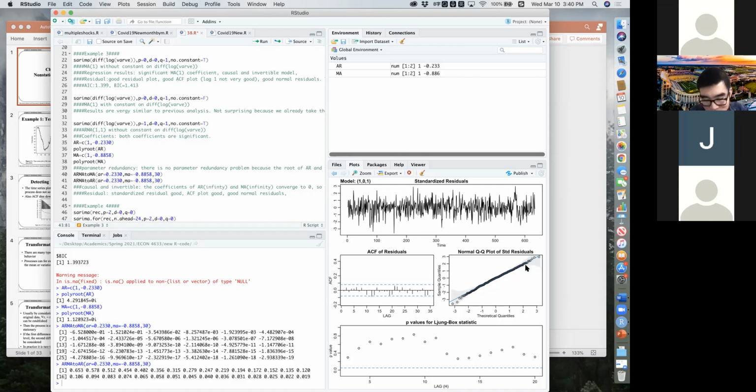We can allow the error term to follow other distributions. Anyway, here we have a not bad normal QQ plot. Finally, let's check the LB statistic. All the p-values of the LB statistics at all lags are greater than 0.05, which suggests that our model is a good model. We do not reject the null hypothesis.